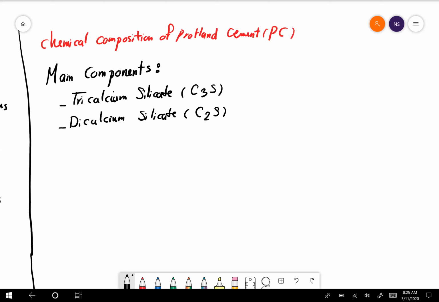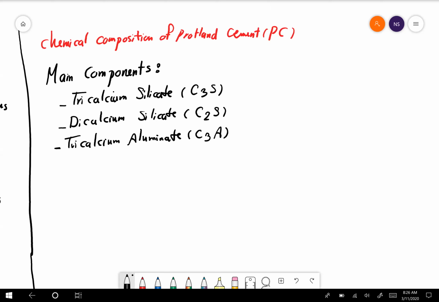This is a short flashback to chemistry, which I'm pretty sure not all of you remember a lot from. But anyway, we don't want to show the actual chemical reactions, we just want to show what type of chemical components we have in the Portland cement. And then we have the tricalcium aluminate, which is C3A.